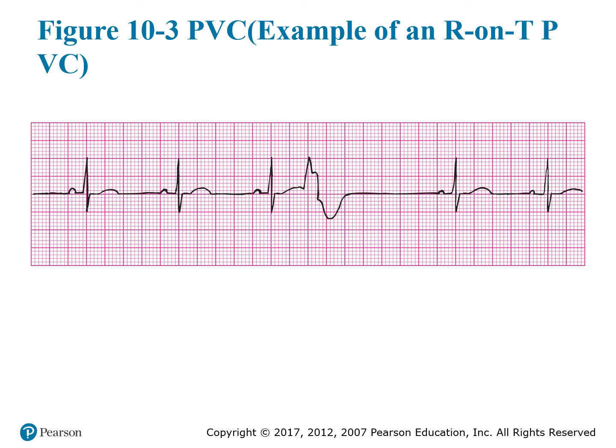Then if you take a look right here, we say R on T because just right after the last sinus rhythm, you see your T is starting to form, and then right after that, the R comes in. That's what we call an R on T PVC.